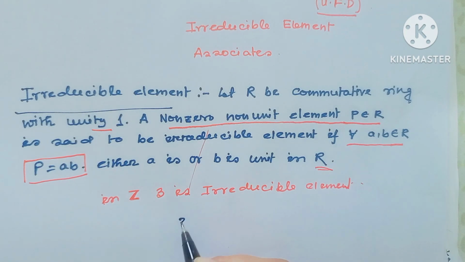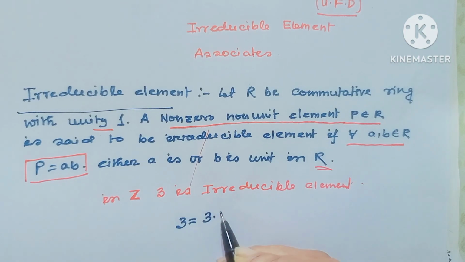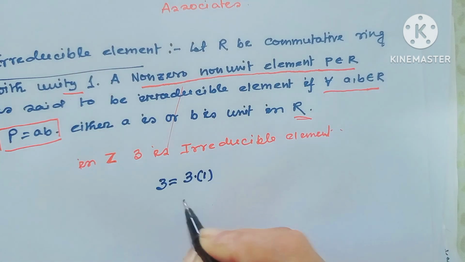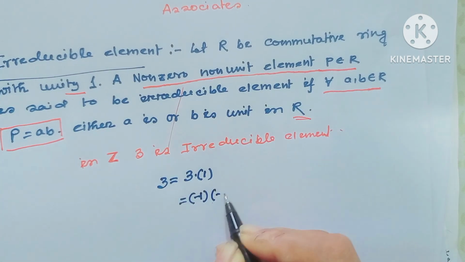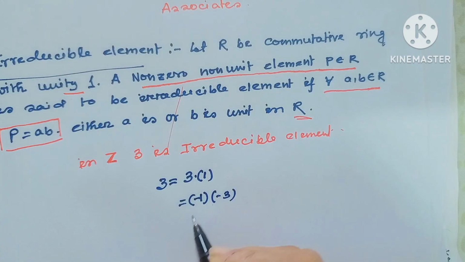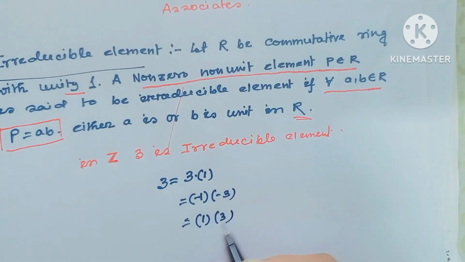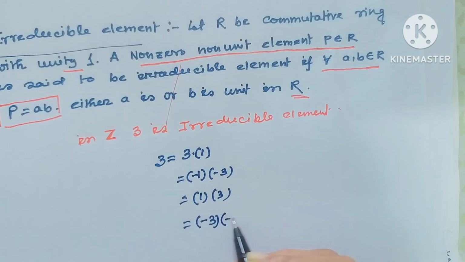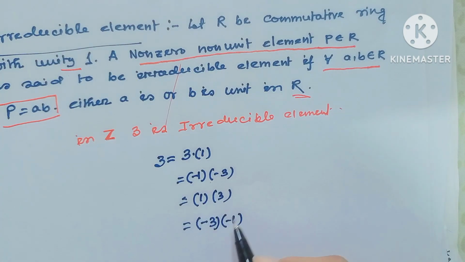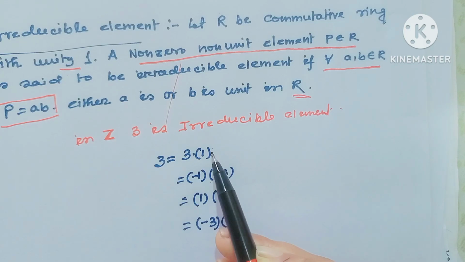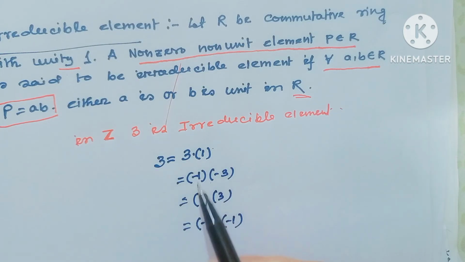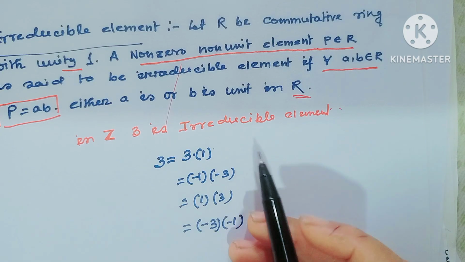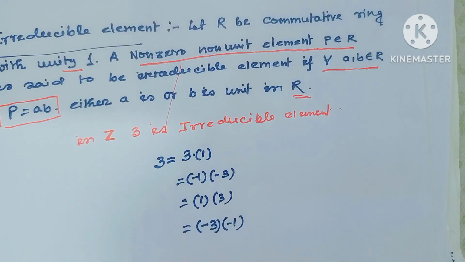We can write 3 as 3 times 1, where 1 is the unit of Z. Similarly we can write it as minus 1 times minus 3, as 1 times 3, and as minus 3 times minus 1. Notice here 1 and minus 1 are the units in Z. So 3 is an irreducible element in Z.